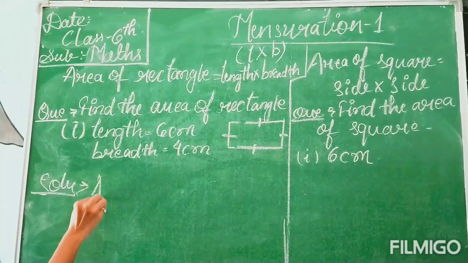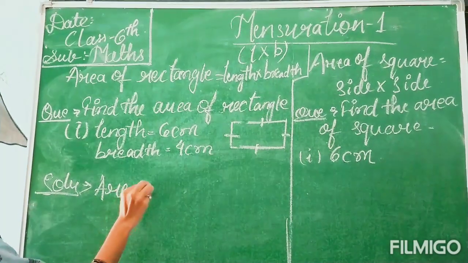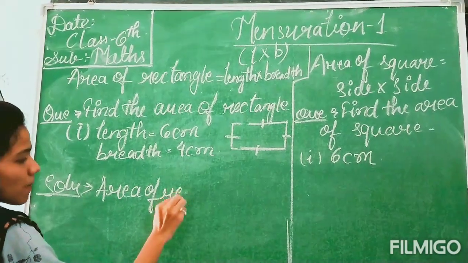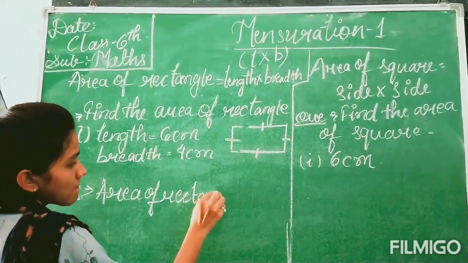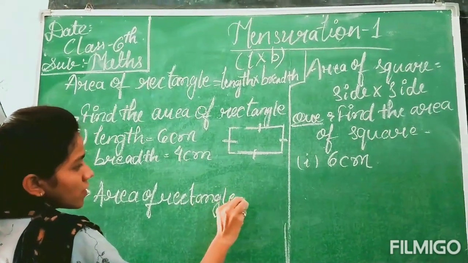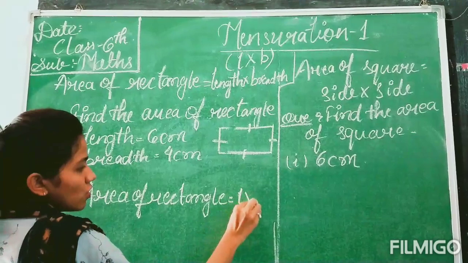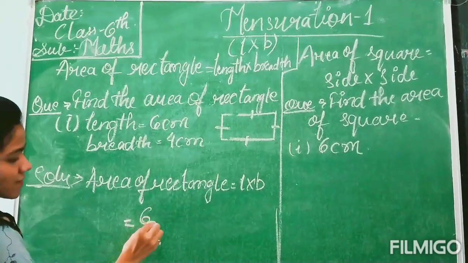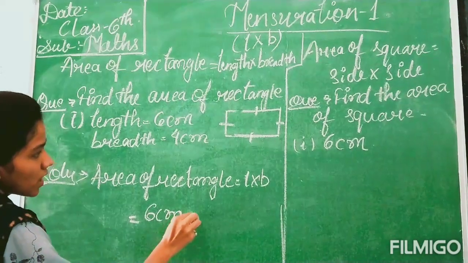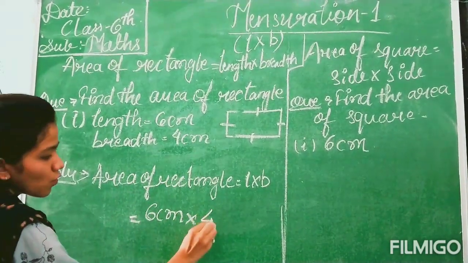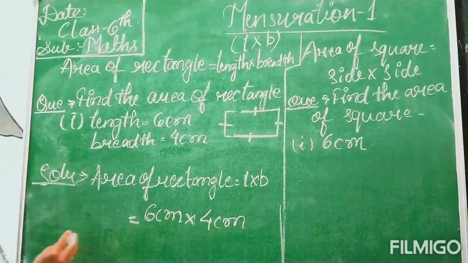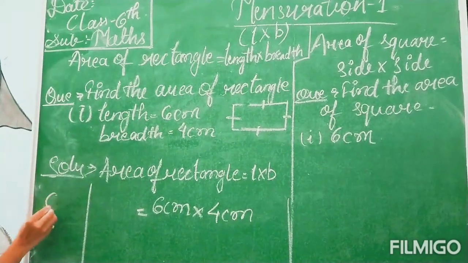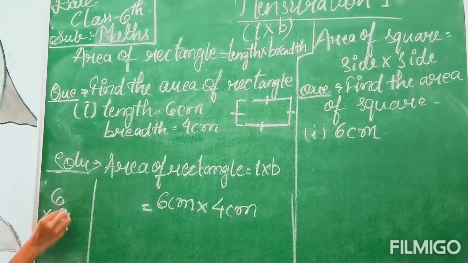Take the formula, area of rectangle, length into breadth. What is length? 6 centimeter. And what is breadth? 4 centimeter. You can take the rough side 6 into 4.